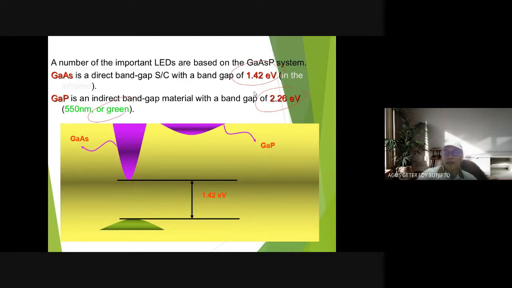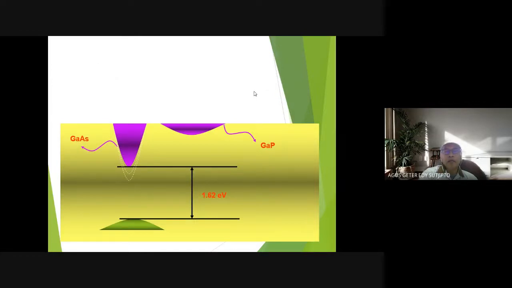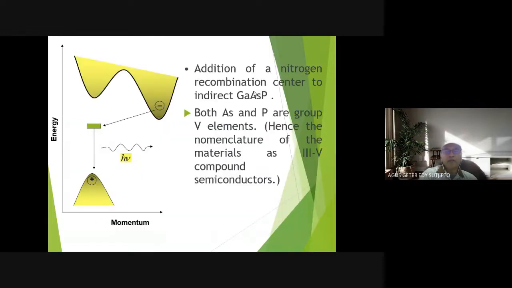This is because green has high energy compared to the red one. This is how the band gap can change, and the light can change, in gallium arsenide phosphide.